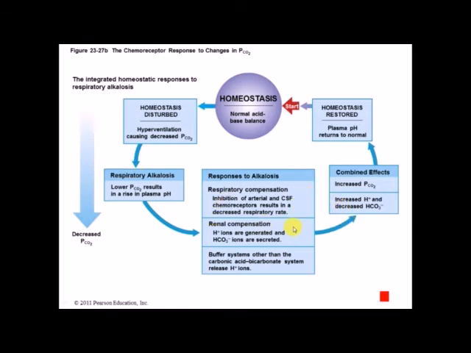We're going to hold on to the hydrogen ions, get rid of our bicarbonate, and then the other buffer systems are going to release hydrogen ions, hopefully have an increase in hydrogen ions within our system, decrease bicarbonate, returning us back to homeostasis. And that's all that I have for this chapter on fluid, electrolyte, and acid-base balance.